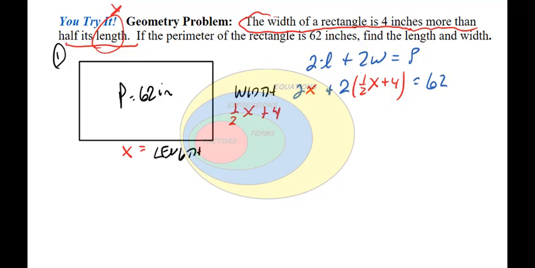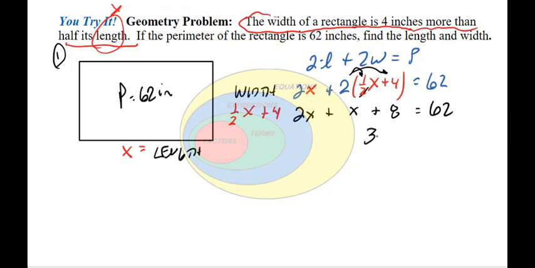Now, solving, I'm going to expand the 2 on the left side and simplify. I would have 2x plus 2 times 1/2, and the half cancels with the 2, leaving just x. Then 2 times 4 is 8, and that equals 62. Combining like terms on the left side, I get 3x.